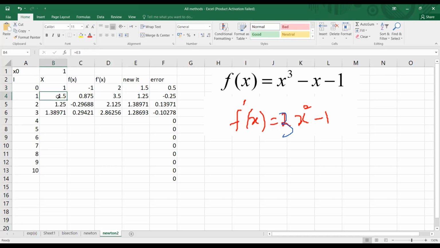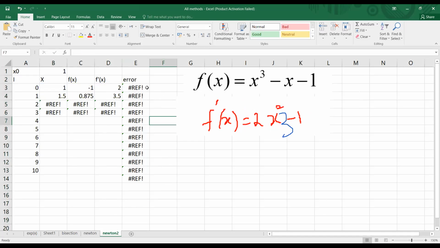The formula was x minus this upon this. This is the new iteration, 1.5. I am deleting this column because it is no more needed, and error is to be calculated by the difference of these two.